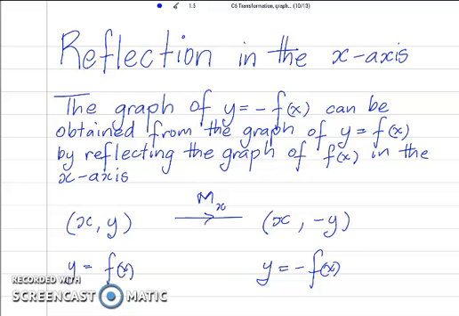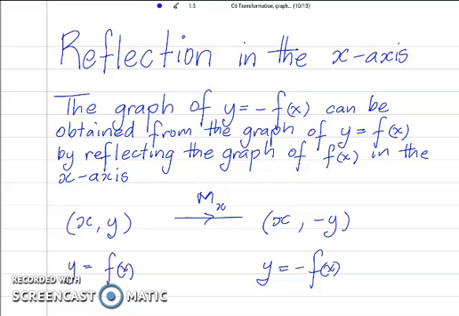Okay, reflection in the x-axis. Now this says the graph of y is equal to minus f of x can be obtained from the graph of y is equal to f of x by reflecting the graph of f of x in the x-axis.